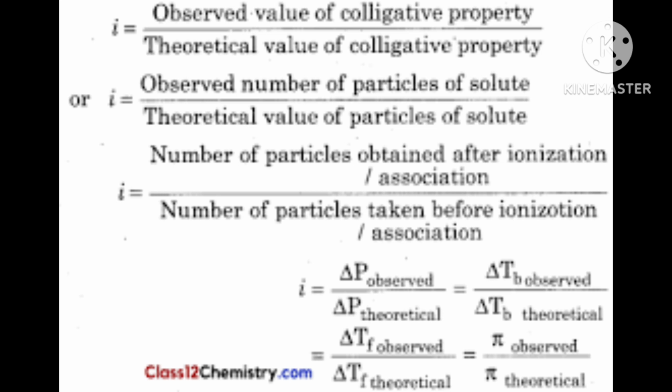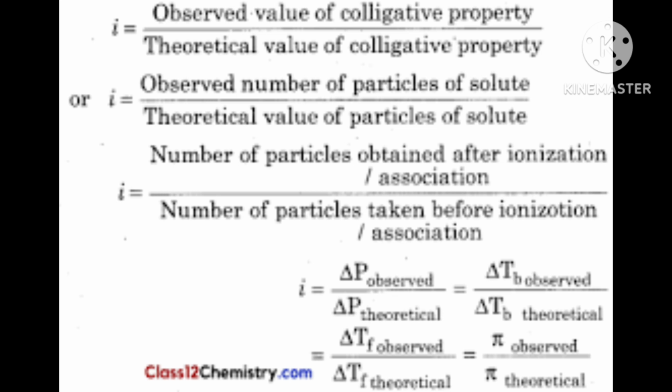But in case of glucose or sucrose or fructose, if you dissolve one molecule in water, it will be only one molecule. It will not dissociate. Hence, its molecular mass will be the same.